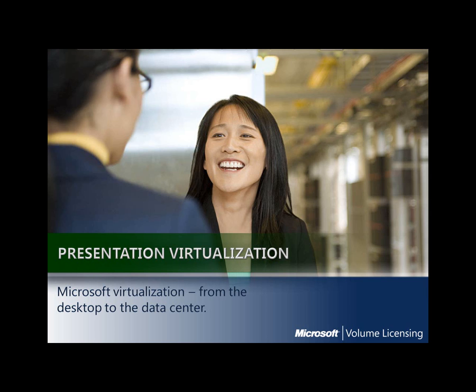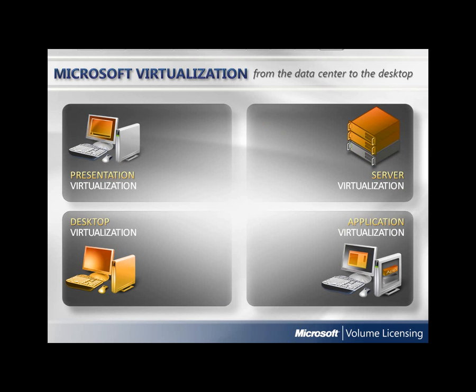Microsoft has virtualization capabilities that go from the desktop to the data center. Let's take a look at the Microsoft virtualization story. Microsoft virtualization technologies really do go across an organization, offering 4 main areas of functionality. First, there's server virtualization, which allows you to create virtual servers, helping you make better use of your physical hardware. Then there's application virtualization, which helps to combat application complexity, allowing applications to run completely isolated from each other.